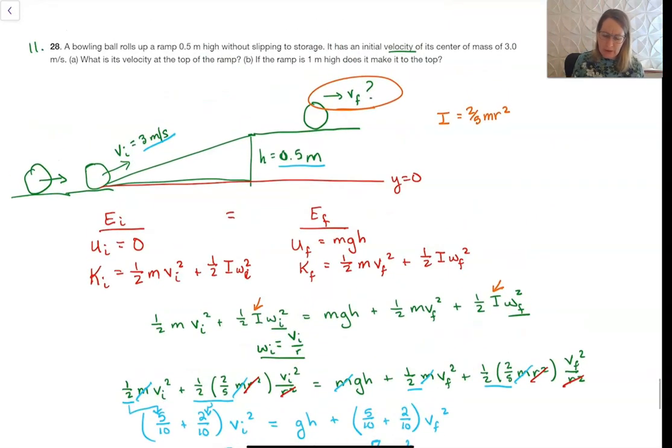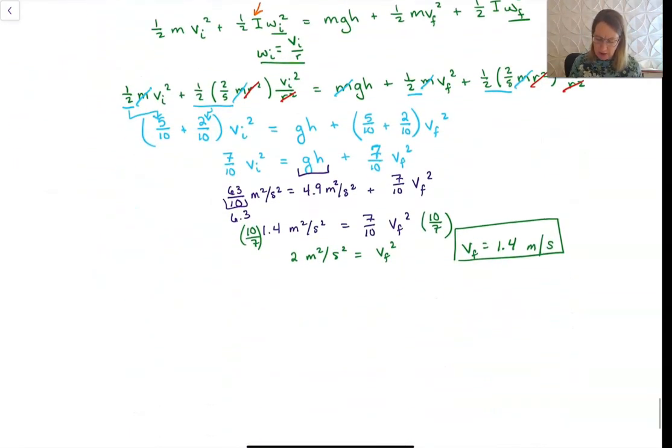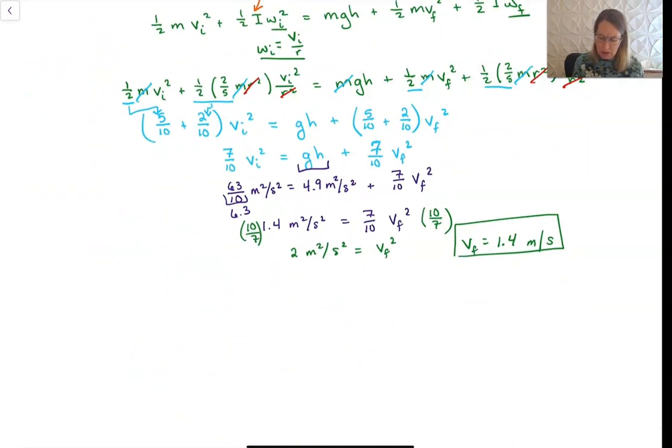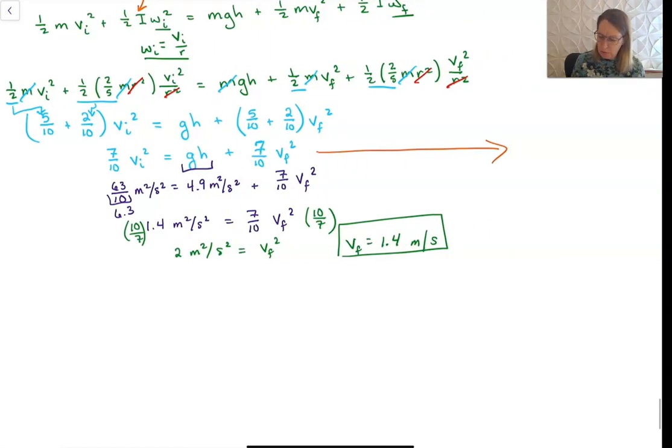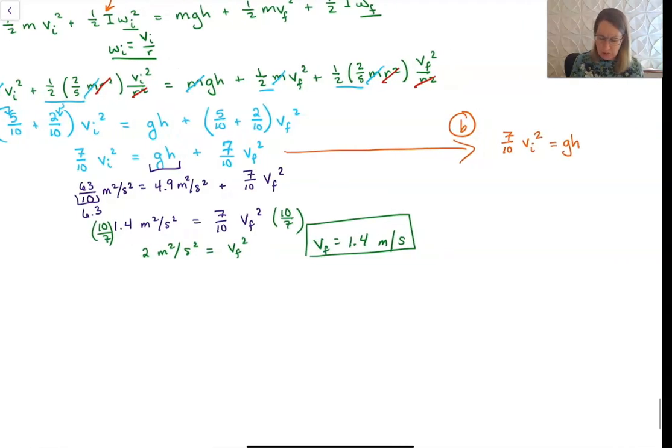Now part B says if the ramp is 1 meter high, does it make it to the top? So we can look back at our main equation, which is right here. So I'm going to pull this out for part B to say I've got 7/10 v initial squared equals gh plus 7/10 v final squared.